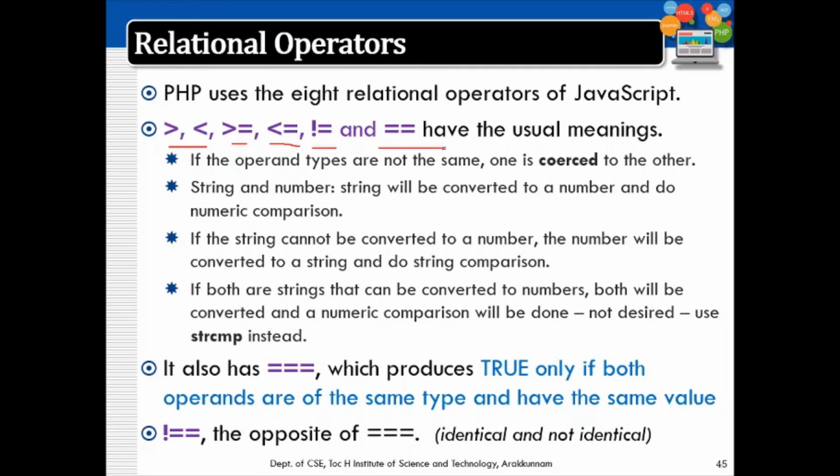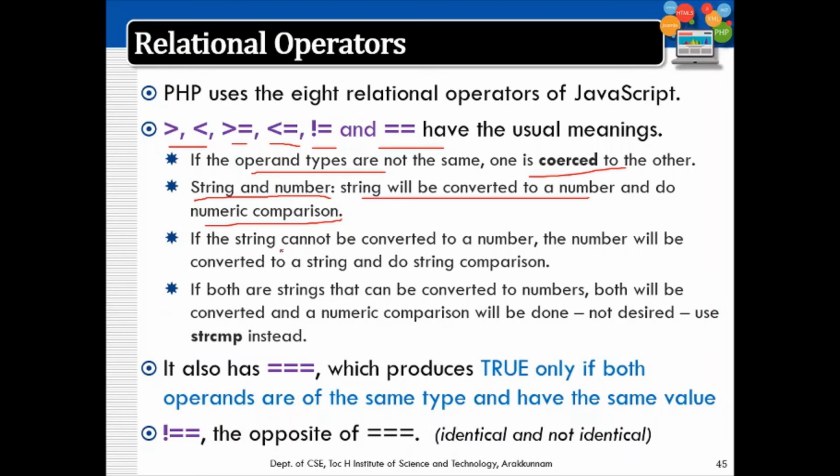So again when these are used, coercion happens if the operand types are not the same. If the operand types are not the same, they will be coerced to corresponding values. If we do that with a string and a number, the string will be converted to a number and we will be doing a numeric comparison. So the priority is for numeric comparison.